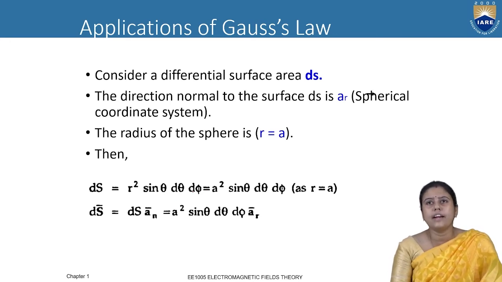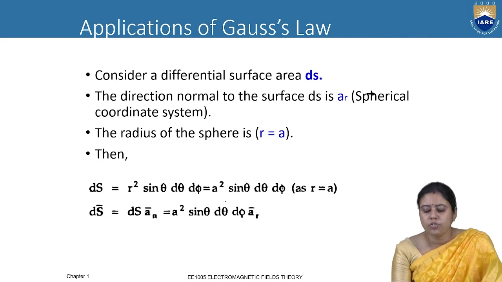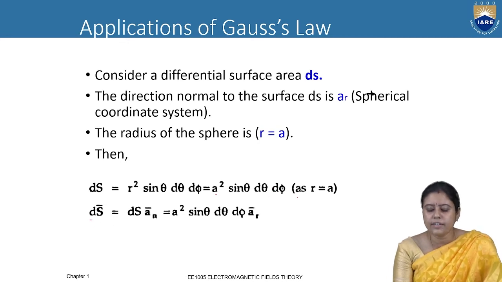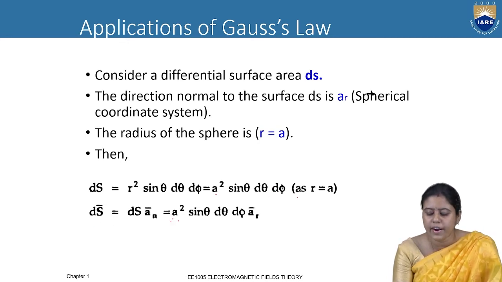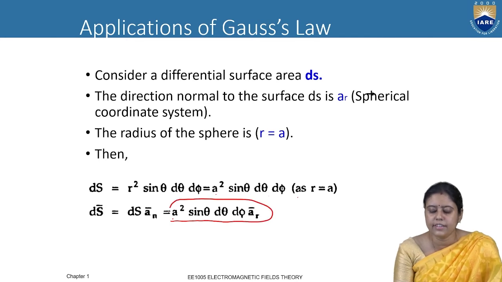If we take r equal to a, we can put here a square sin theta d theta d phi. So what is the area? Area is now a square sin theta d theta d phi.